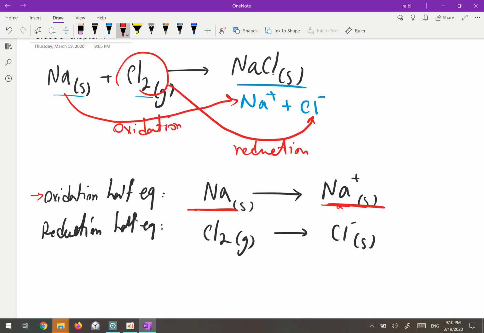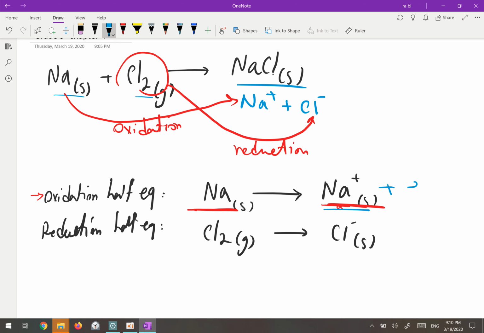How can you equalize the charge at both sides? You can make the charge equal by adding the electron. You must add electron to the side which has extra charge, or the charge is more positive. In this case, you have to add the electron to the right side. How many electrons must we add?